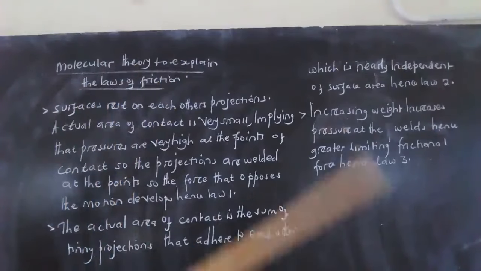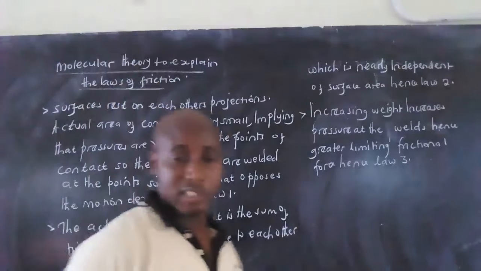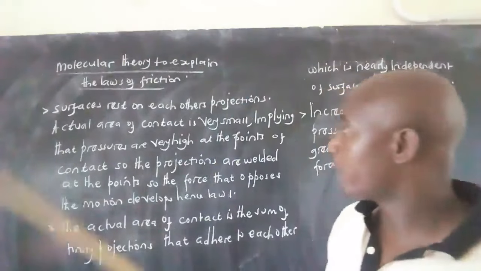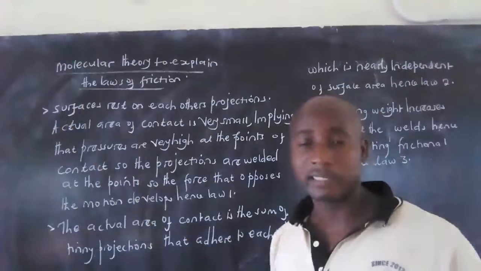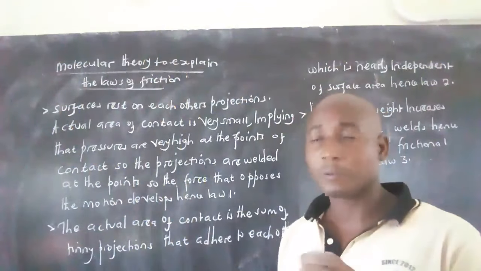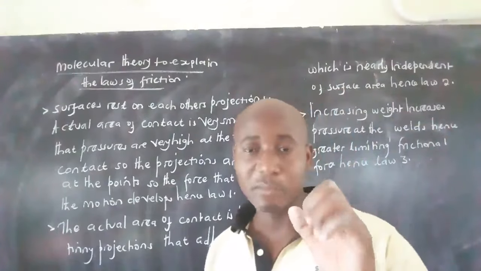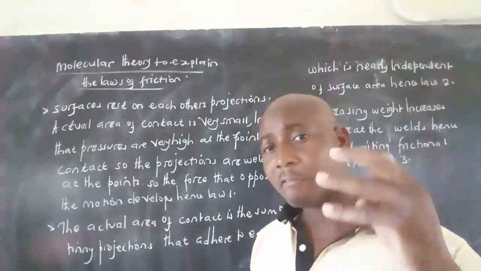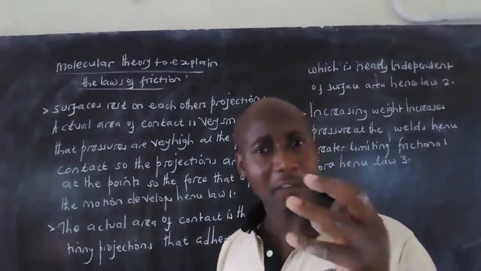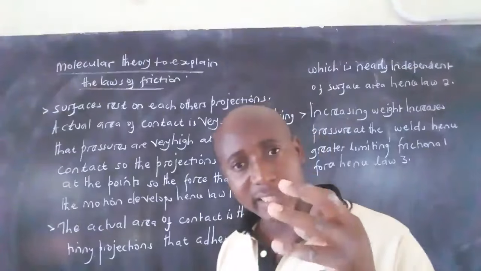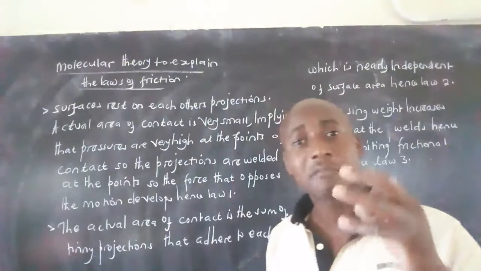The first one was saying that the frictional force opposes the relative motion between two surfaces in contact. When two surfaces are put in contact, they rest on each other's small projections, because the surfaces are not smooth, they are rough. Because they rest on small projections, the area is very small.